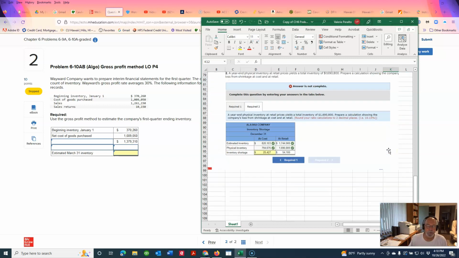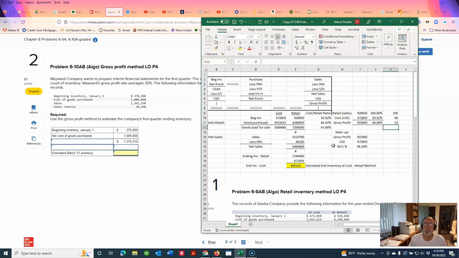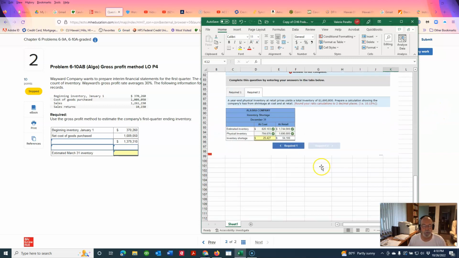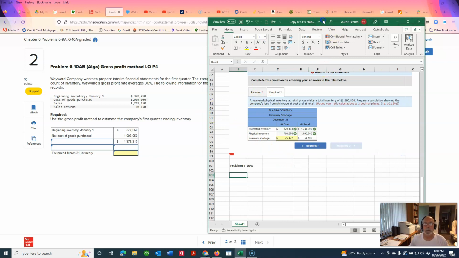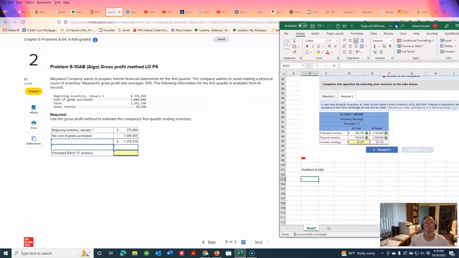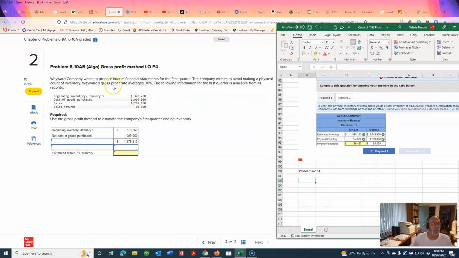Bear with me. So let's take a look at problem 6-10. Wayward's gross profit rate averages 30%.